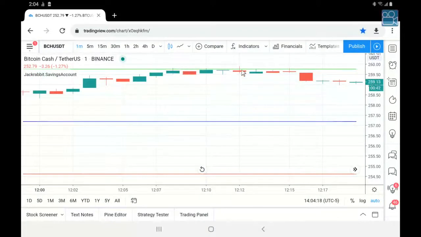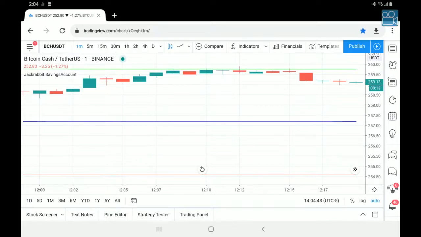Right here. Notice this candlestick went above the profit line, but it did not close above the profit line. And this is exactly why a trailing stop loss at this level is not efficient. Because even though this did go above the profit line, it didn't stay above the profit line.